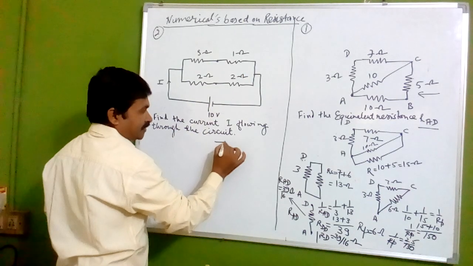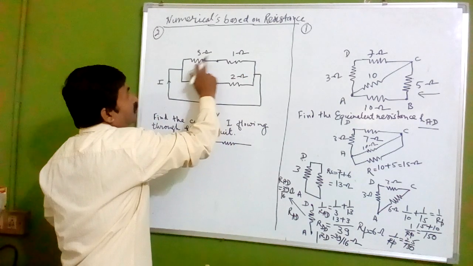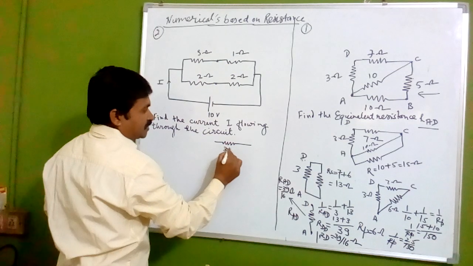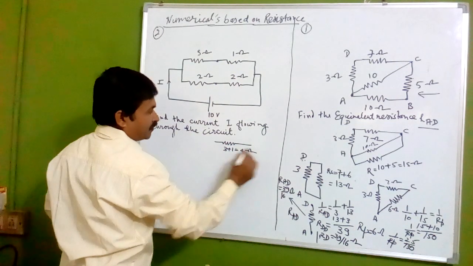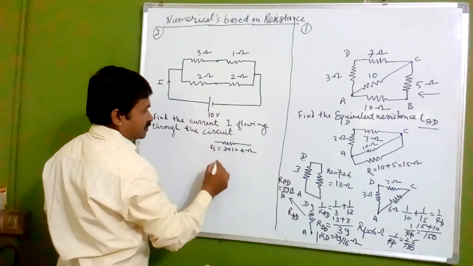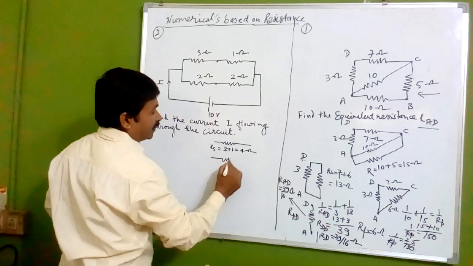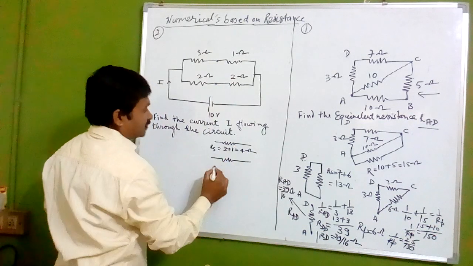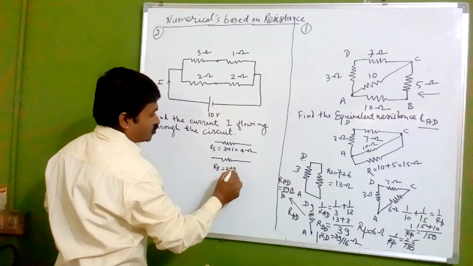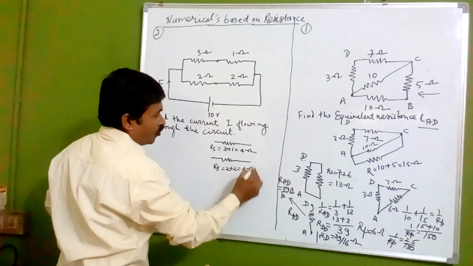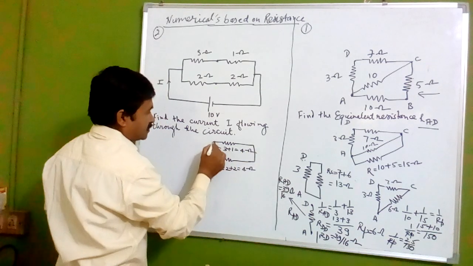So I am drawing the circuit again. 3 plus 1, both are in series, that's why it is 4 ohm. Similarly here both are in series, RS equals 2 plus 2, that is 4 ohm. It is like this.